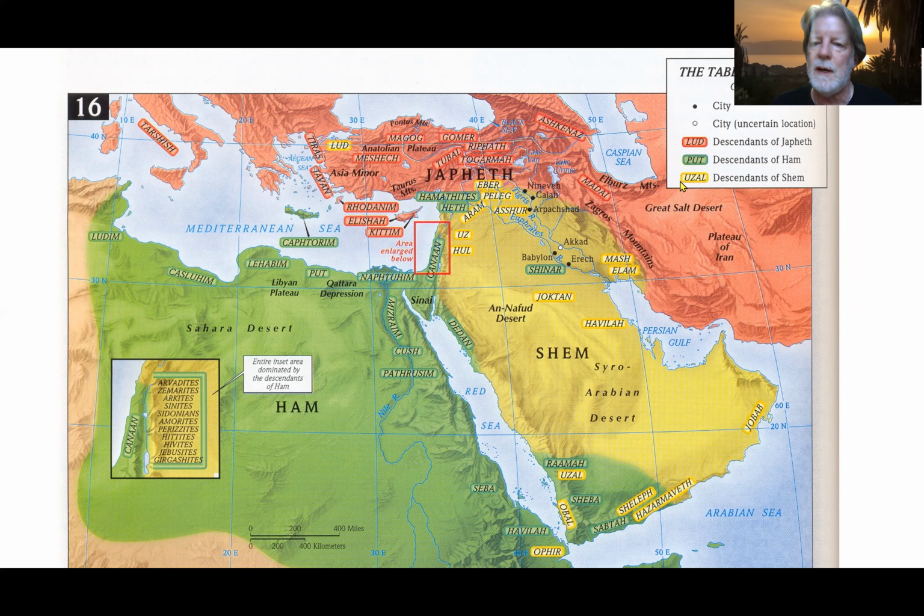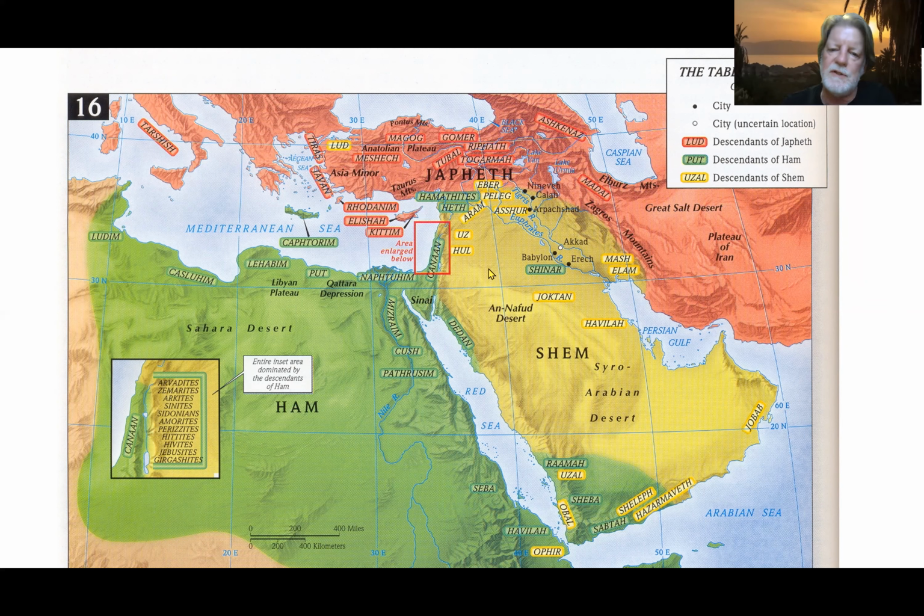And then the yellow colored parts are the descendants of Shem, and that's the Middle Eastern area, where an awful lot of the Bible is centered. And it's kind of the place where God chose to set up the promised land.